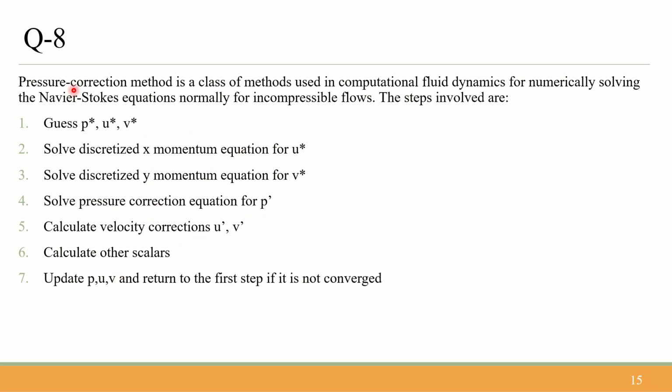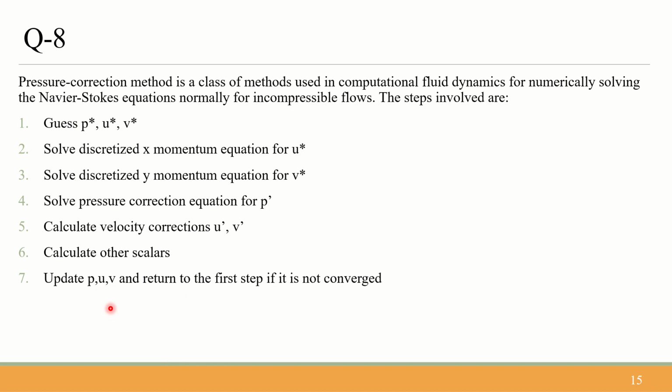Like, we first have a guess of P star, U star, V star, and using that we solve the discretized X momentum equation, Y momentum equation and pressure correction equations. We get P star. After that, we calculate the velocity corrections. Then we calculate the other scalars and get updated P, U and V, that is pressure and velocity vectors U and V. And if it is not converged, we return to the original step and follow the steps again.